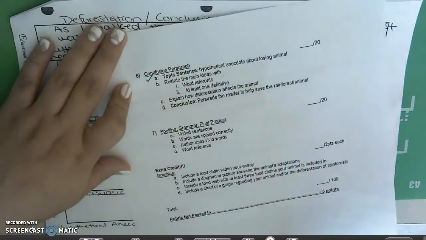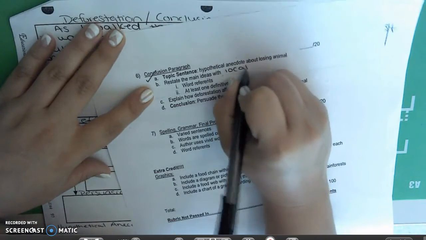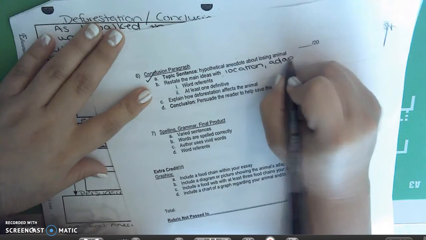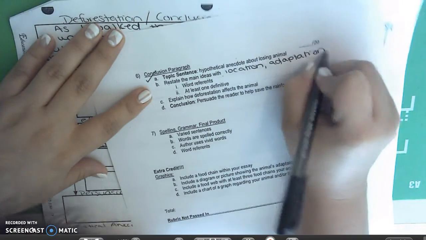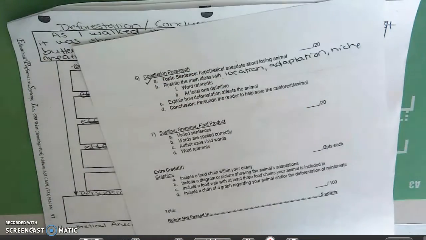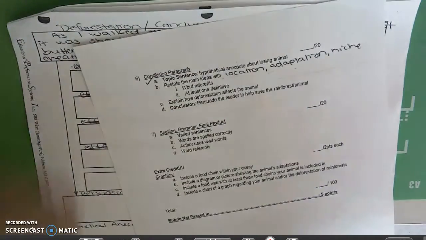Restate the main ideas. So on your paper, I want you to make sure that you know that you had to write about location, adaptation, and niche. Those were your main ideas. So now we need to rewrite those using word reference. So let's see.